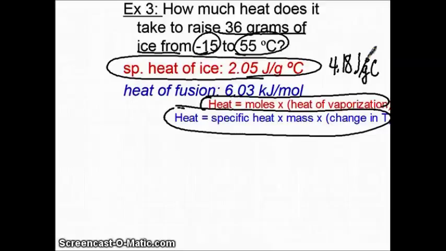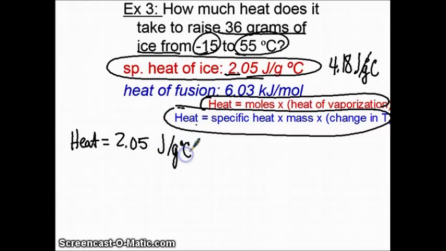So let's first see how much heat does it take to raise ice from -15 to 0 degrees Celsius. So that would be this first equation here. So we have the heat is equal to the specific heat, and we have the specific heat here of ice, 2.05.